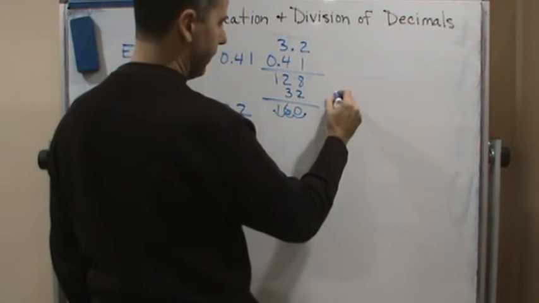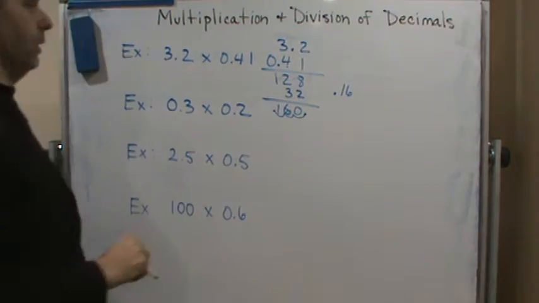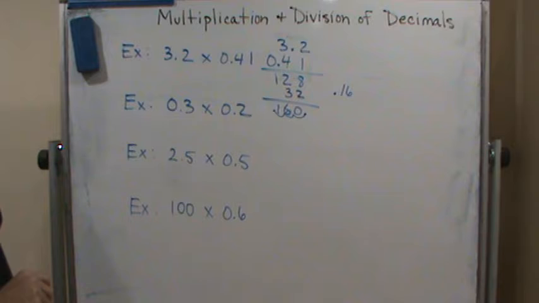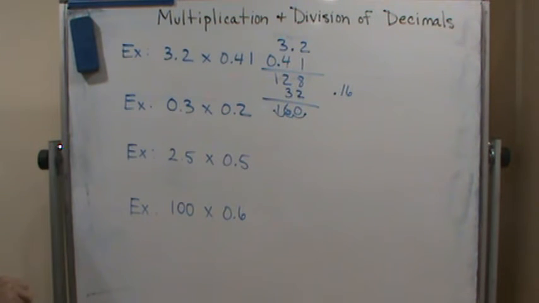And so my final answer is 0.16. Because I don't need the last decimal point. So 0.16. So 0.41 times 3.2 is 0.16.